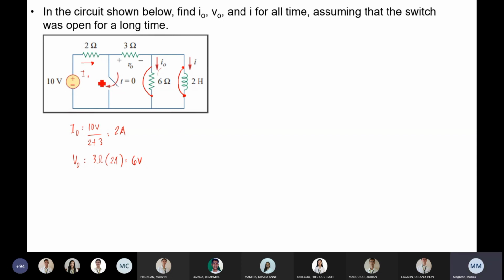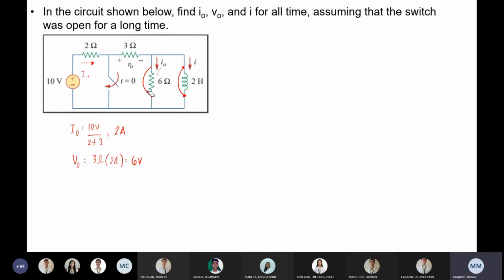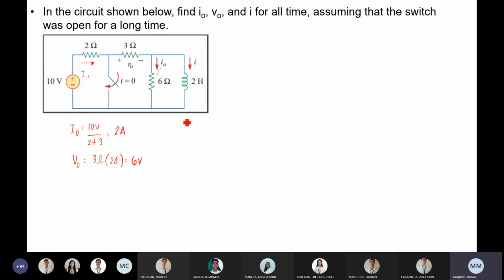No? So, ngayon, i-close natin yung switch. Pag kinlose natin yung switch, so, source free RL na siya kasi shorted ngayon yung ating supply, 'di ba? Pag ito naka-close, so ito masho-short niya yung supply natin. Kaya parang source free RL circuit na siya, no?